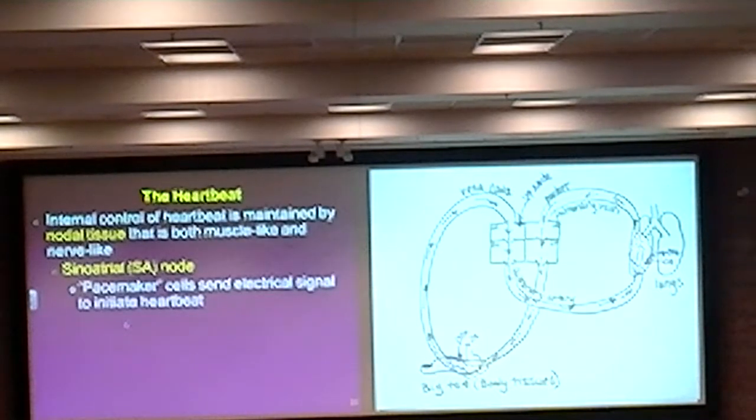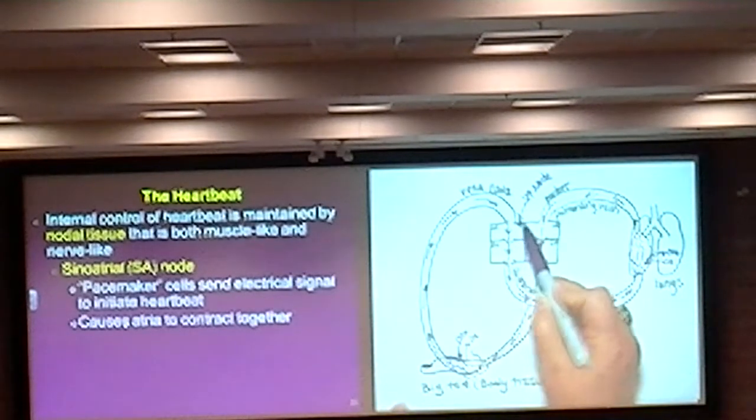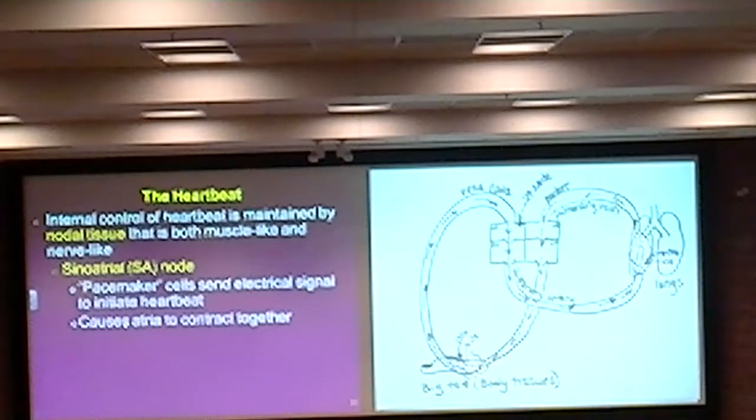It actually is going to make the atria contract. So the SA node is sometimes called the pacemaker of the heart. It picks up the signal coming from your brain telling your heart to contract, and it first causes the atria to contract simultaneously together. So the SA node initiates the heartbeat.